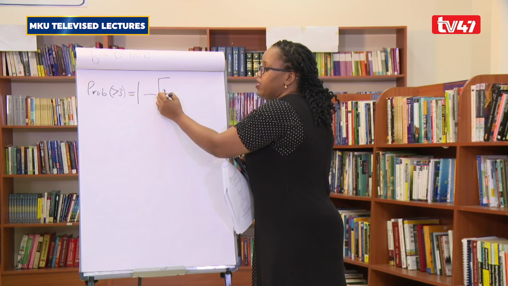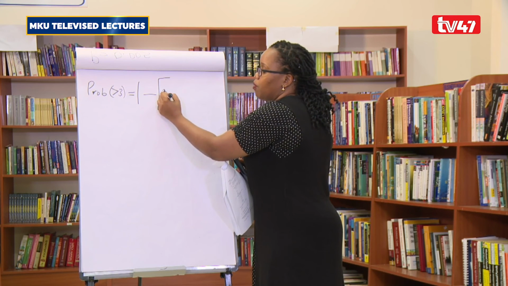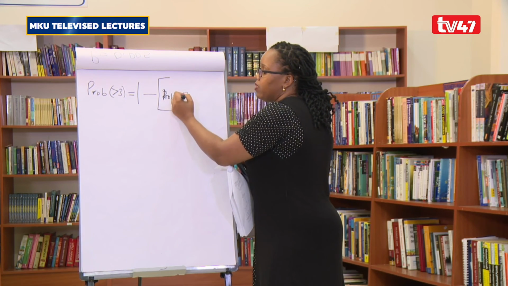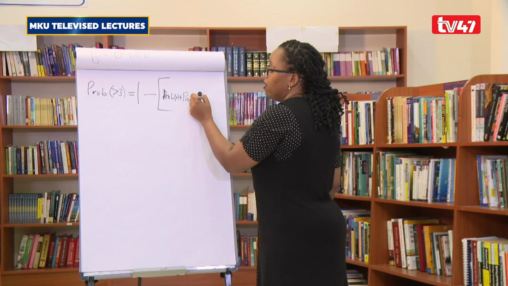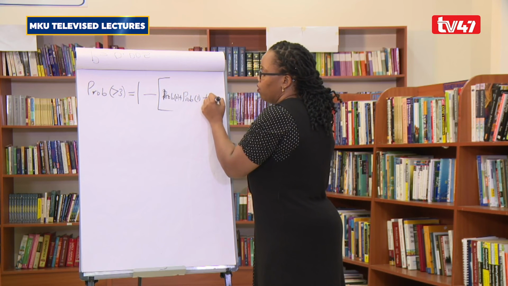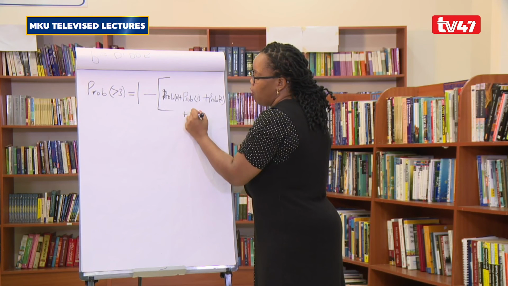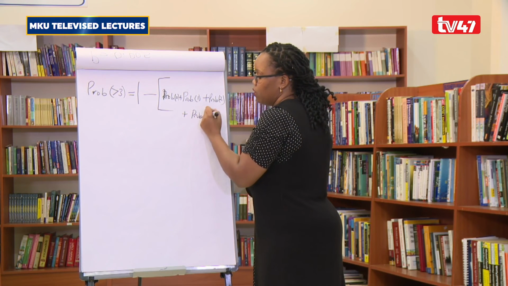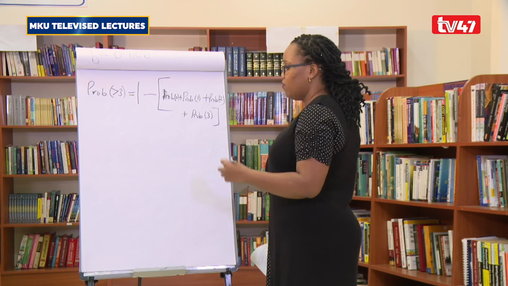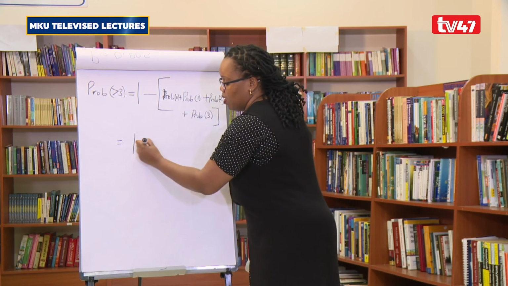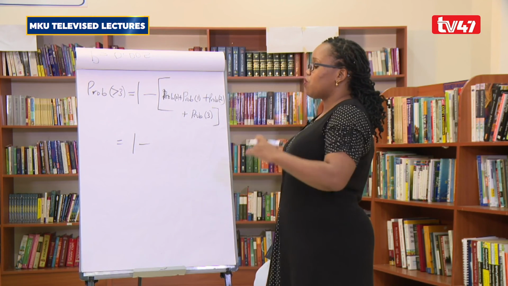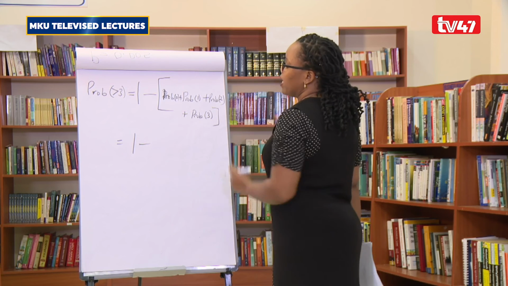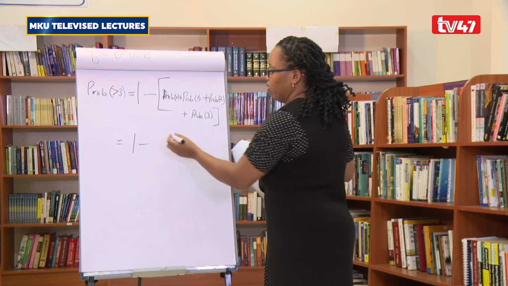We have probability of 0, plus probability of 1, plus probability of 2, okay, plus probability of 3. Good. Very clever, because we know 1 will be the result of calculating all probabilities from 0 up to 1,000. Now this one we can easily do.